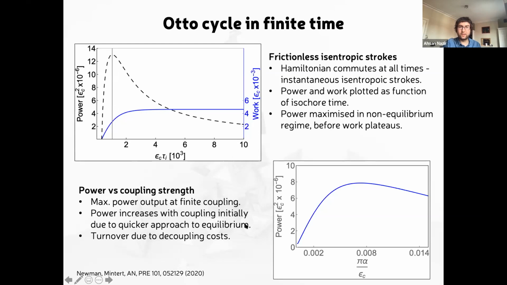And if we look at the maximum power as a function of system environment coupling strength, for simplicity, we assume that they're the same for the hot and cold reservoirs, then we find that the power increases with coupling initially, due to the fact that the system approaches equilibrium more quickly, so it exchanges energy with the hot and cold environments more quickly, but that there's some turnover after a certain coupling strength, and so the maximum power occurs at some finite coupling, but it doesn't just increase with coupling.